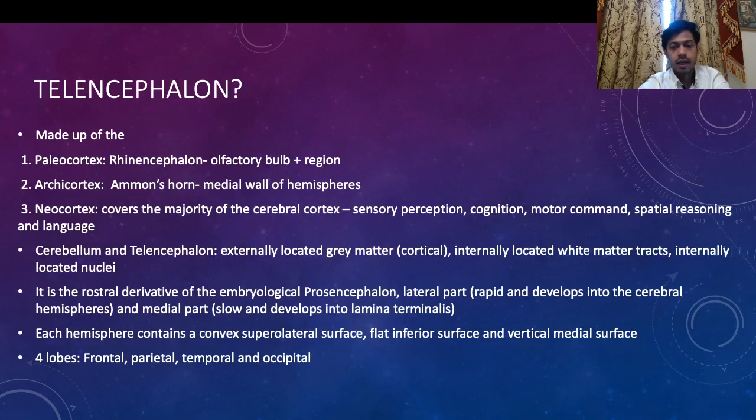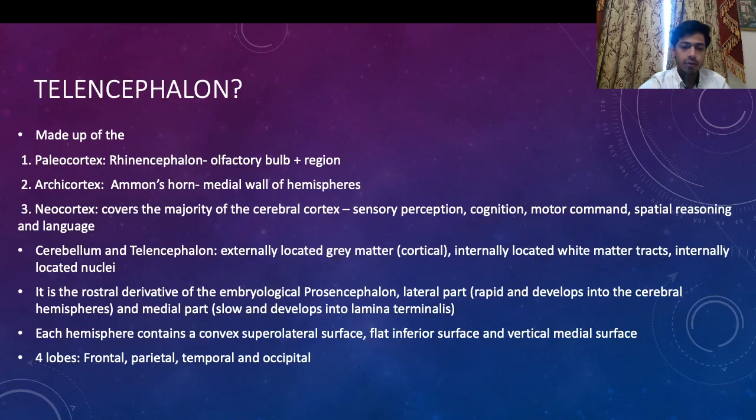What we mean is it's essentially forming the outside coat, whereas the internal layer of the telencephalon is where the white matter tracts are, and also the nuclei. So that is the background of the telencephalon, just a few starting points and a small overview.